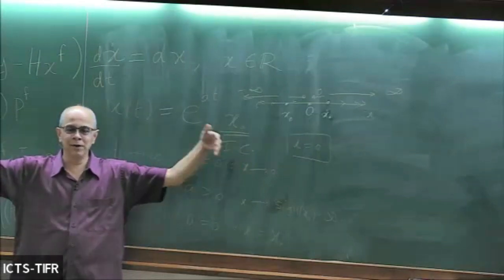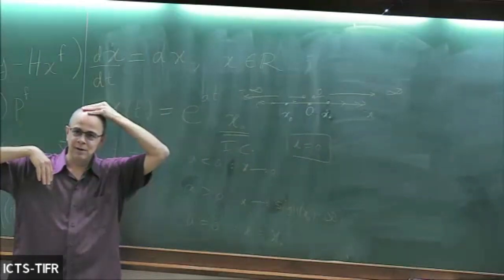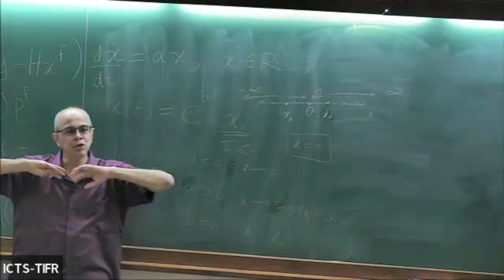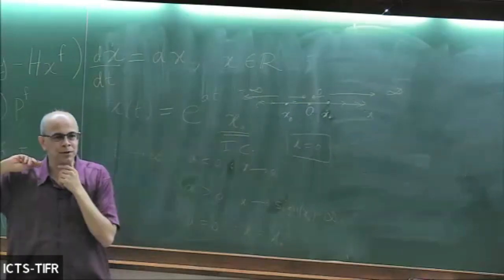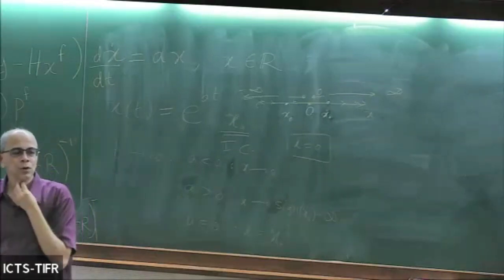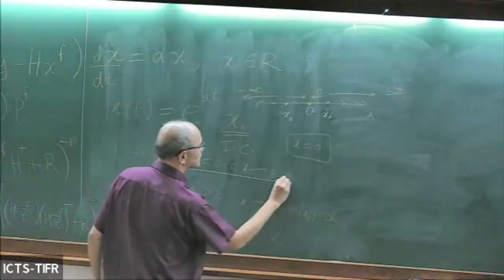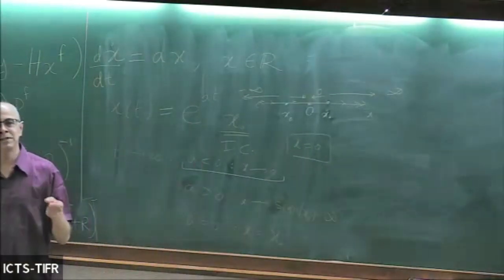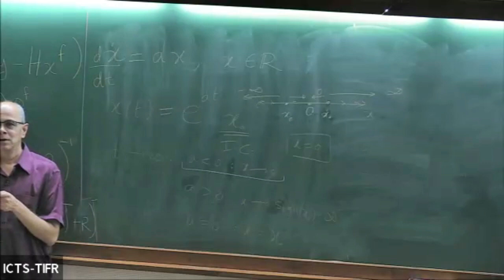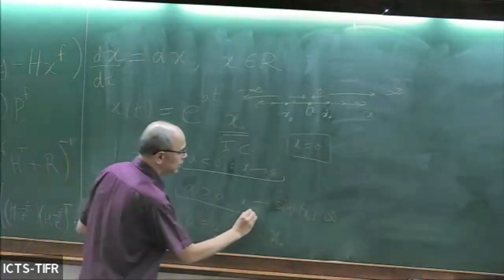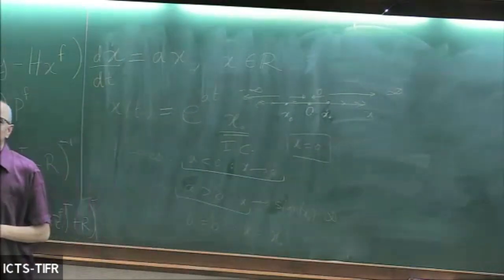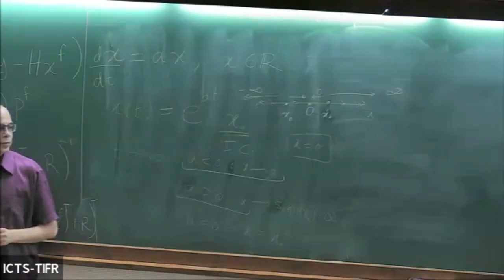The variance will eventually go to infinity as t goes to infinity. So in this case, the variance of an ensemble will go to 0. In this case, the variance of an ensemble will go to infinity.